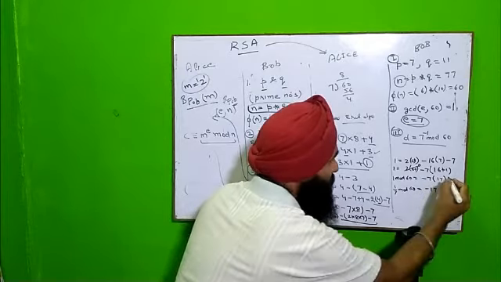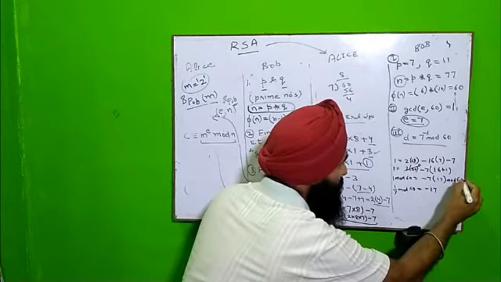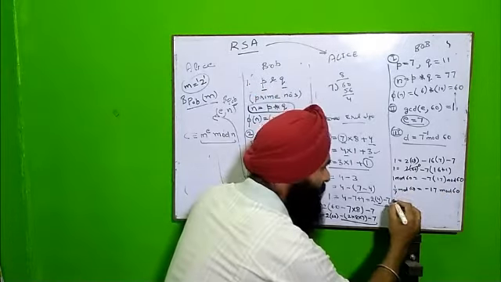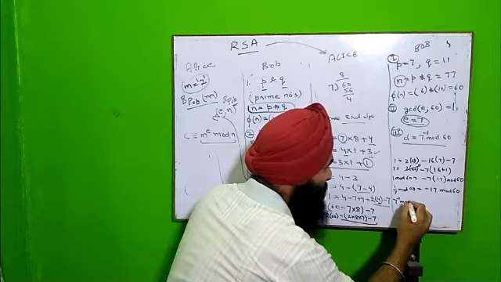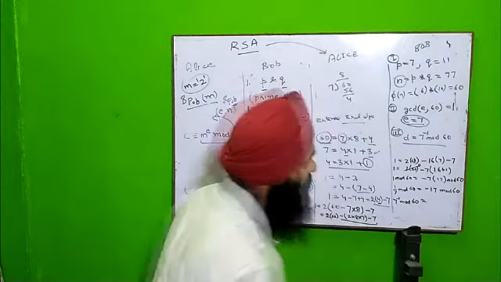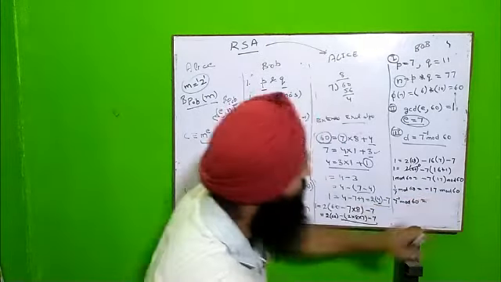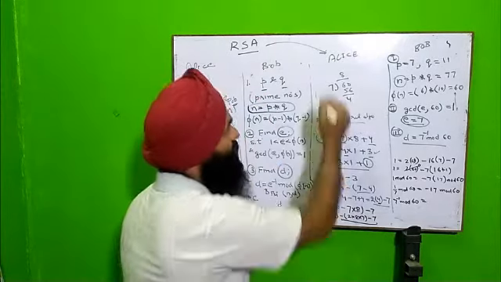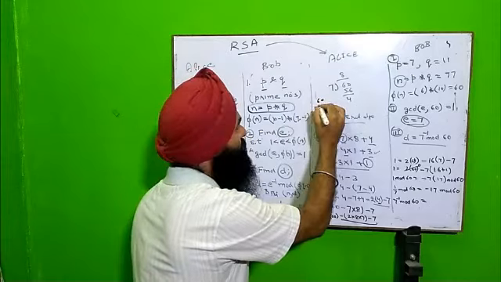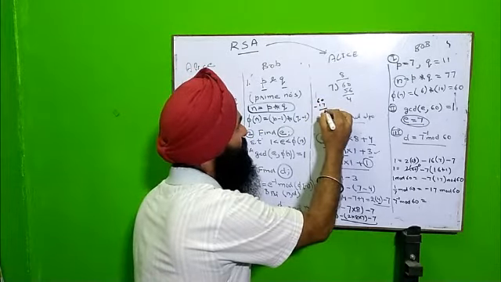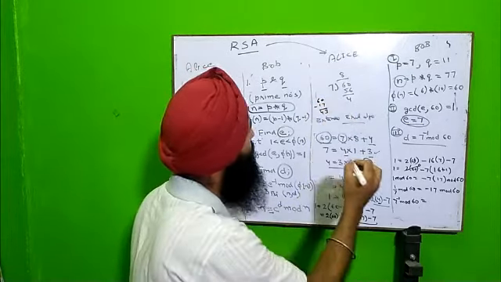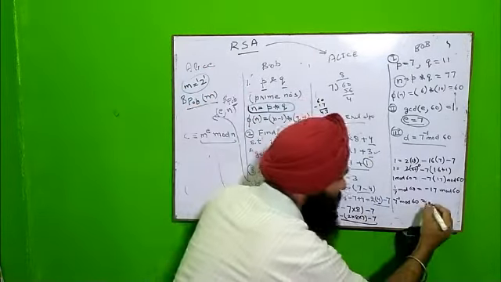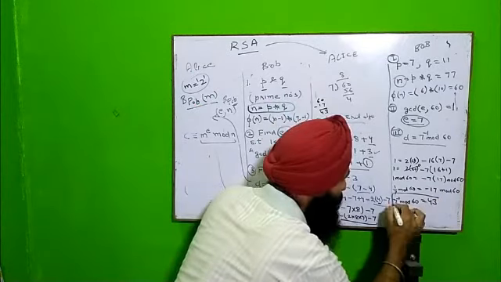Taking mod on both sides, I forgot to write mod 60 over here. Mod 60. So now I can write 7 inverse mod 60 is equal to, now we are going to calculate this, 60 minus 17, which is 43. So this whole value evaluates to 43.